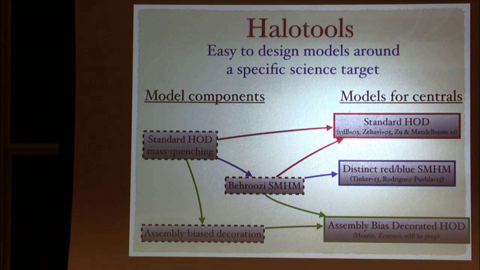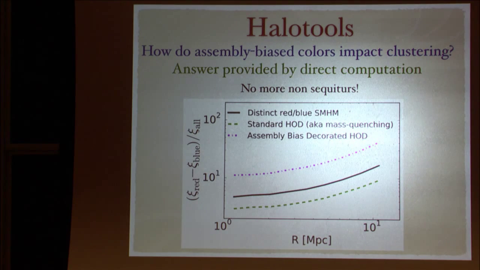So what Halotools lets you do is to actually work out specifically what the different observable statistics are for different models for this galaxy halo connection. So here's an example. This is the difference in the red to blue clustering strength normalized by the galaxy clustering for the entire sample.